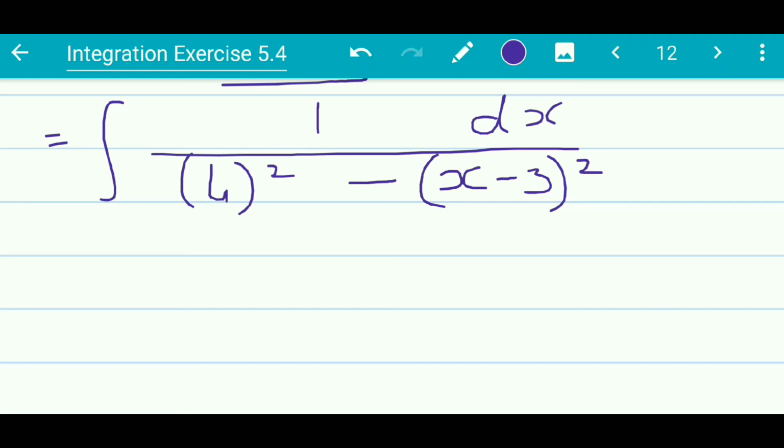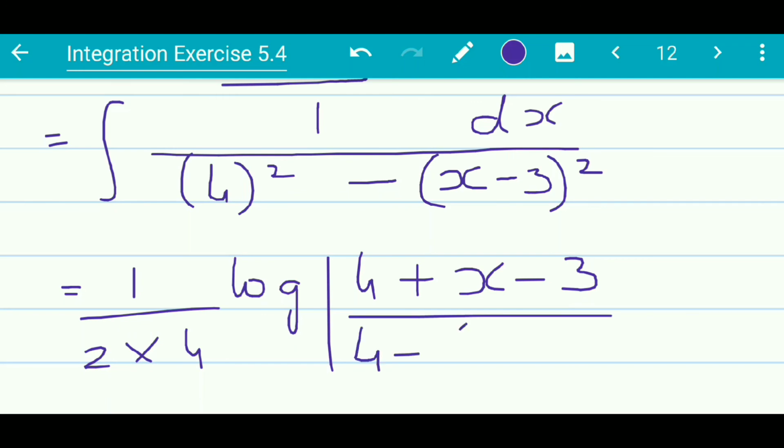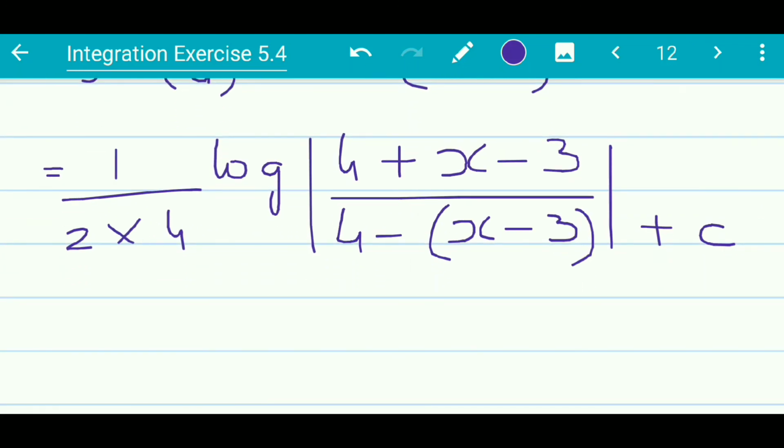So we apply that particular result, that is 1 upon 2a, 1 upon 2 into 4, log mod of a plus x, that is 4 plus x minus 3, upon a minus x, 4 minus x minus 3, plus c. After writing it this way, the term becomes 1 upon 8 log mod of, now 4 minus 3 is 1.